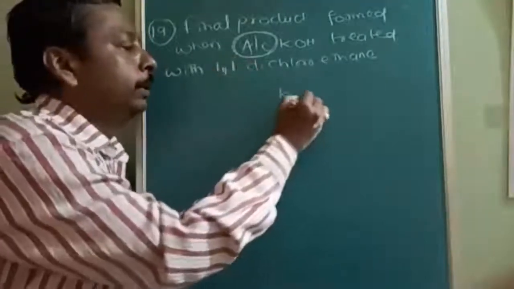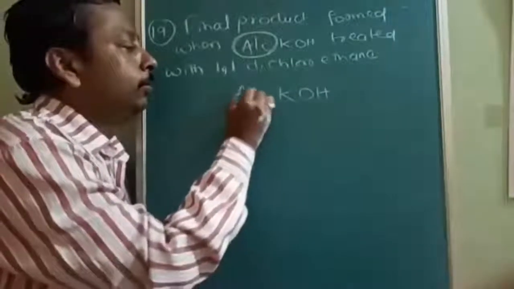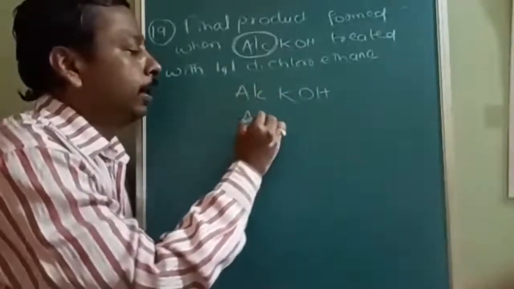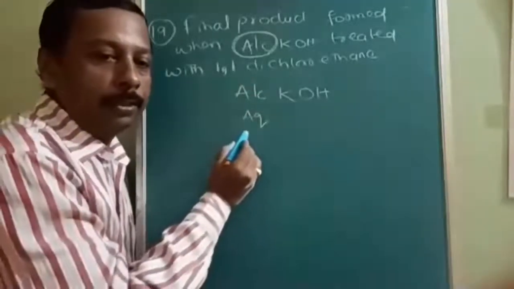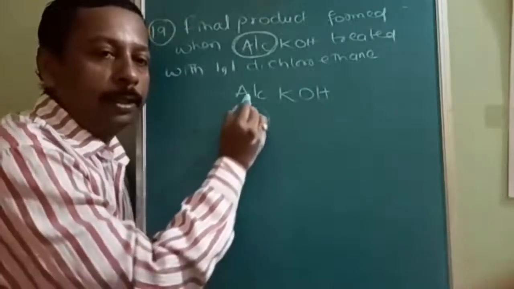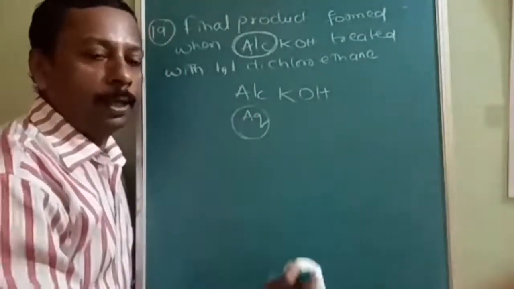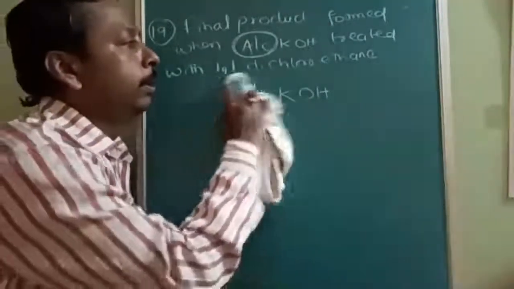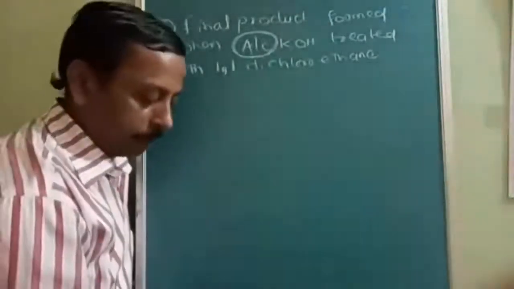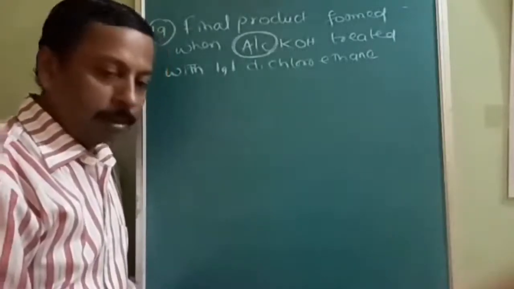People see only KOH, but as a student you should see alcoholic or aqueous. In case of aqueous, it will be substitution. In case of alcoholic, it is going to be an elimination reaction.